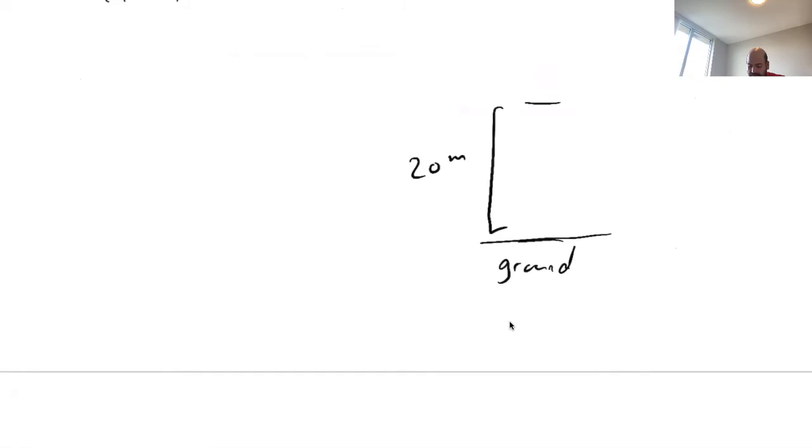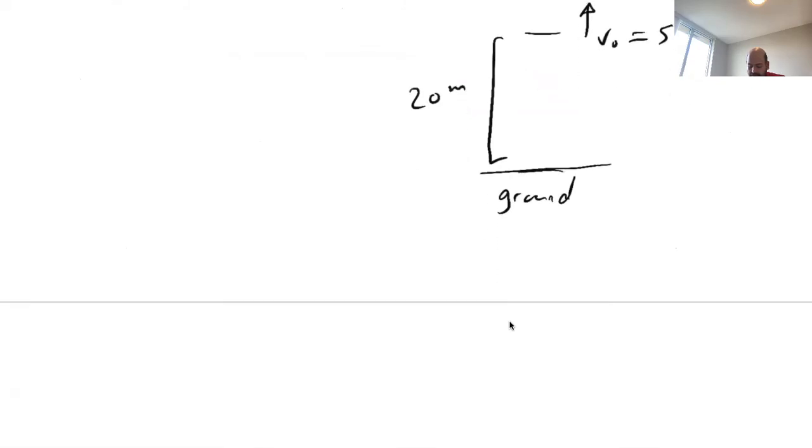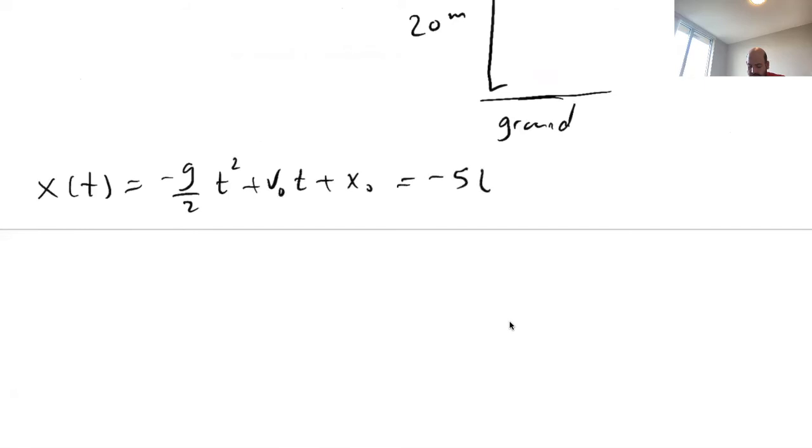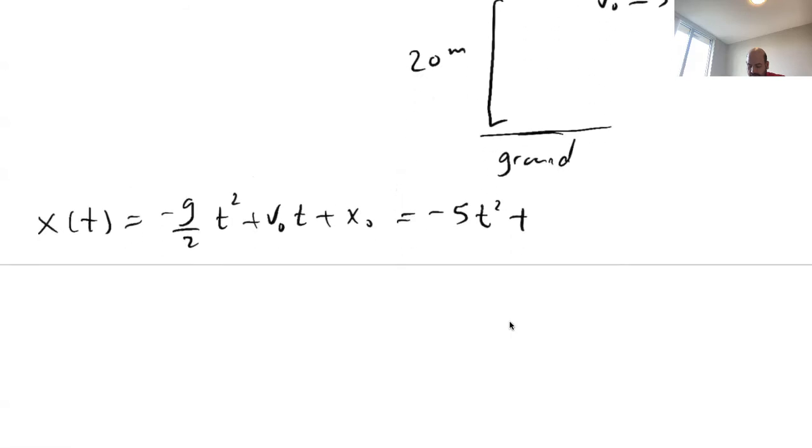So what is x of t? And v0 this time is 5 meters per second. So x of t is minus g over 2 t squared plus v0 t plus x0. So this is minus 5t squared plus 5t plus 20.